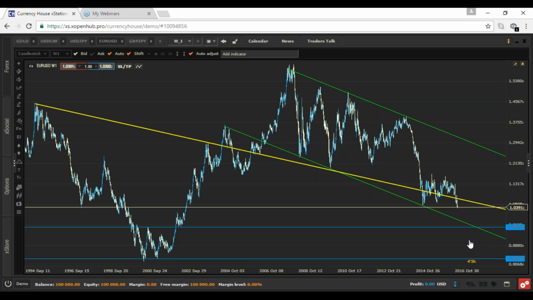So again, compared to the other currencies, the euro-US dollar has a huge volume of trading, and a movement of 500 pips is a huge movement for the US dollar index. And we can see here that we got more than 700 pips to go. So those are targets for the medium term.